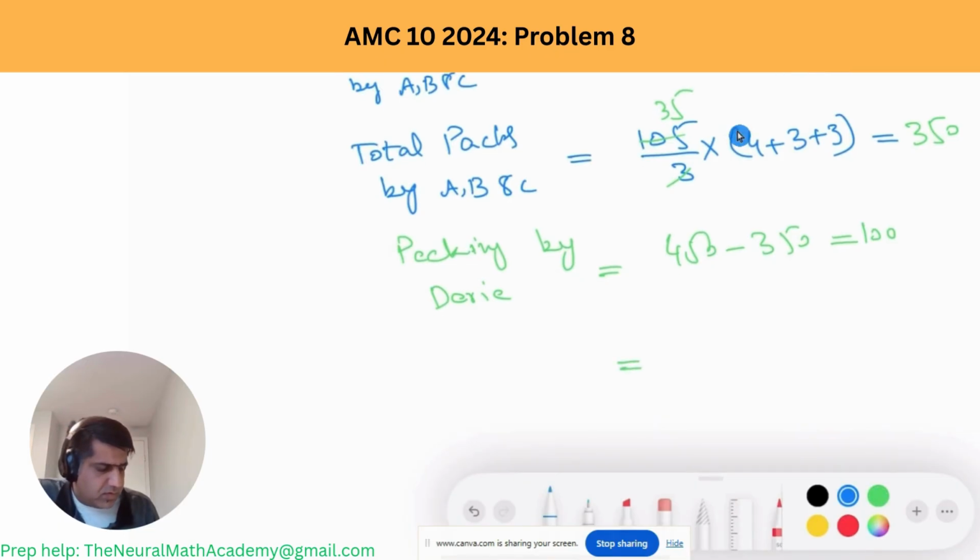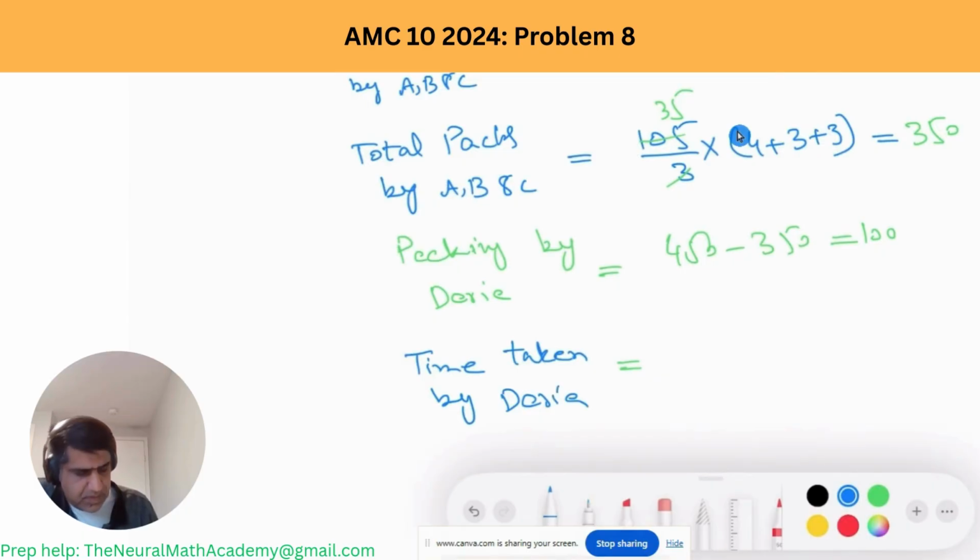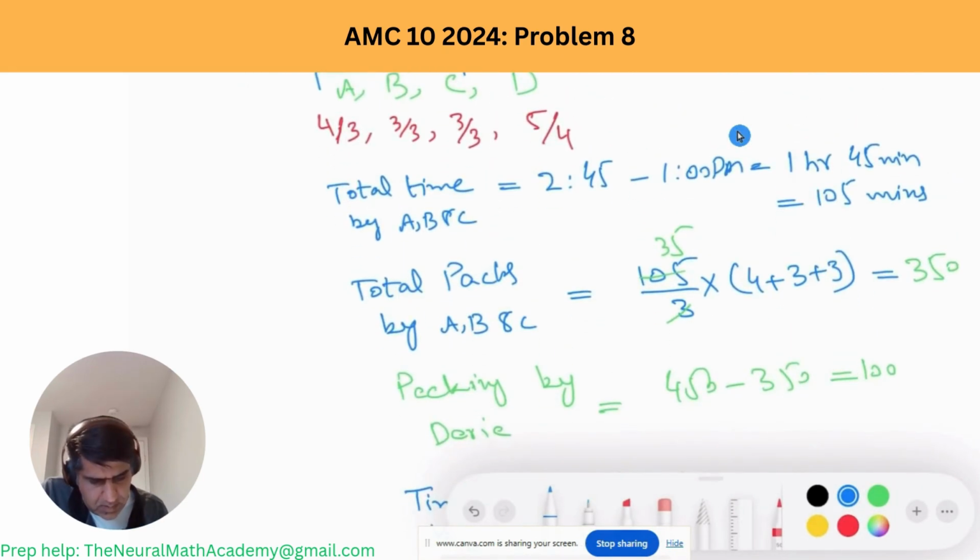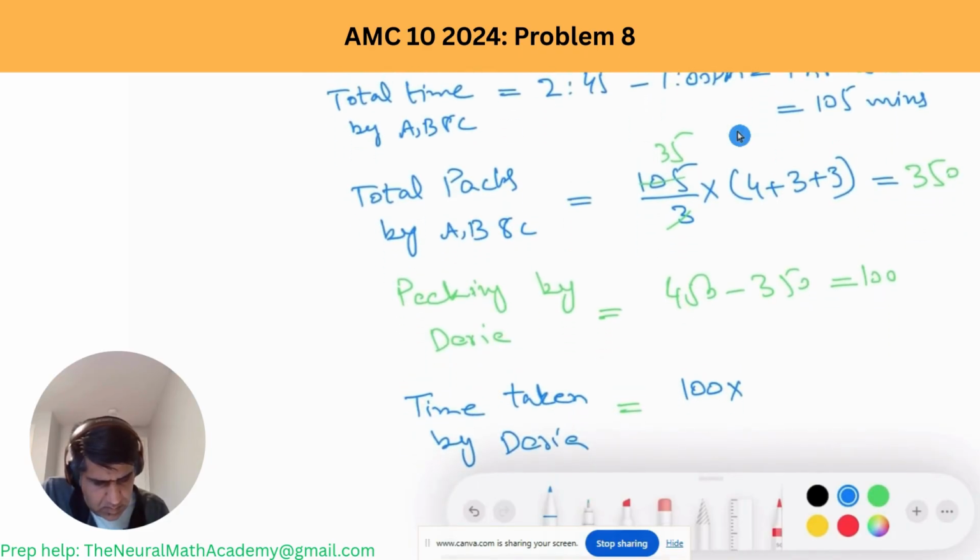And now we need to see how long it takes Daria to do this complete packing. So the time taken by Daria is equal to 100 multiplied by the inverse of the rate, so it would be 4 over 5.